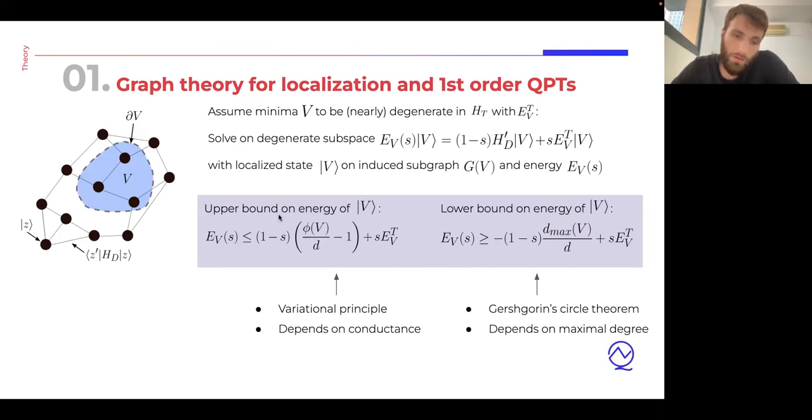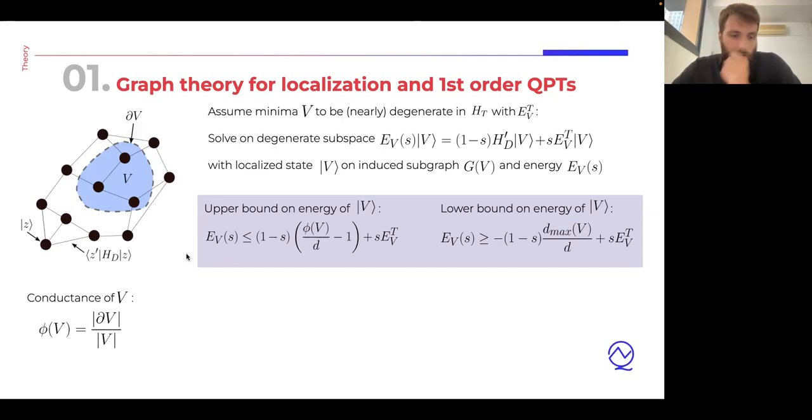There's a corresponding upper bound on the energy, which will depend on a quantity called the conductance of V. The conductance of V is a property of the subset of nodes in a graph. Namely, it's defined as the magnitude of the edge boundary divided by the magnitude of the set itself.